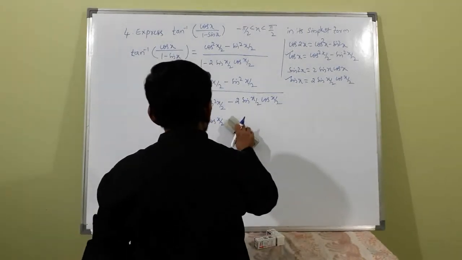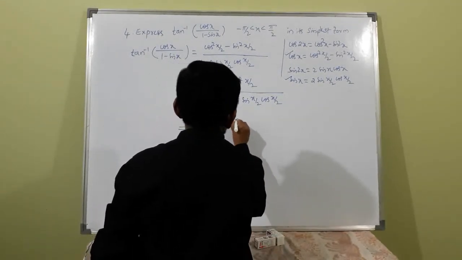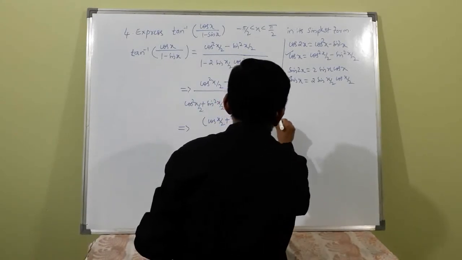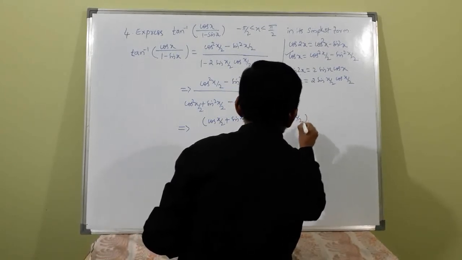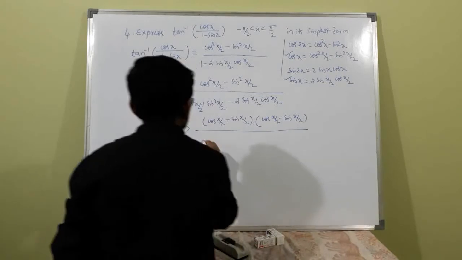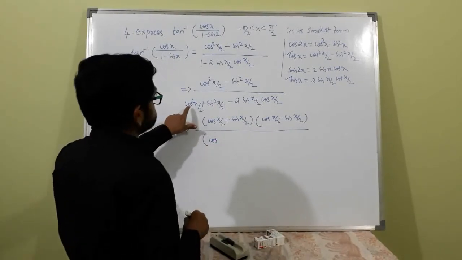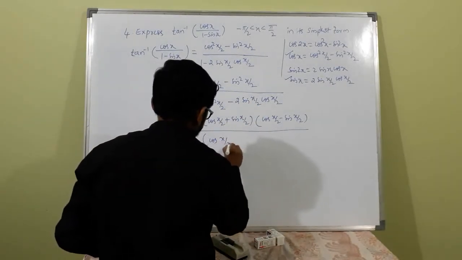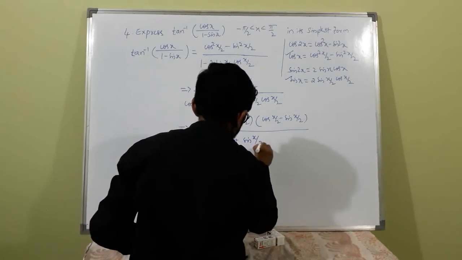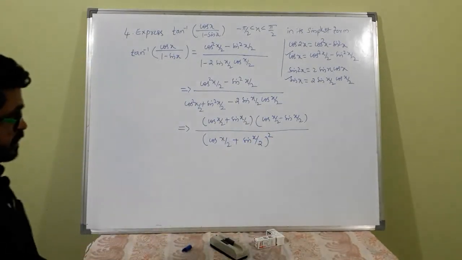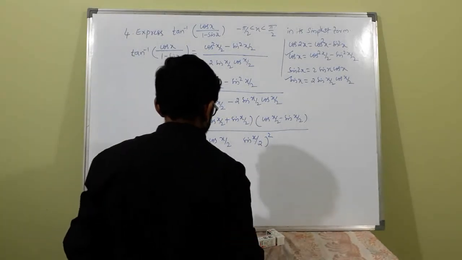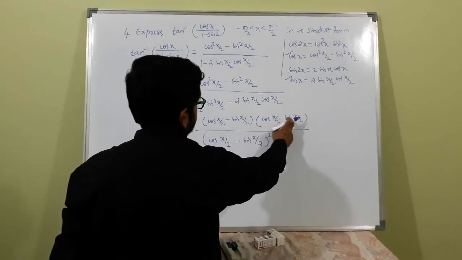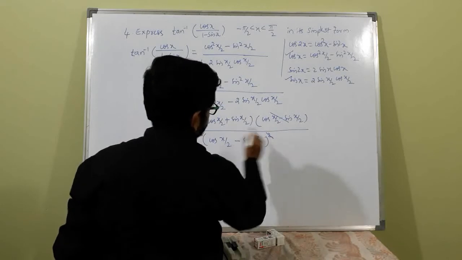Cos x by 2 plus sin x by 2, cos x by 2 minus sin x by 2, whole divided by cos squared x by 2 plus sin squared x by 2 minus 2ab, that is cos x by 2 minus sin x by 2 whole square. Okay, so cos x by 2 minus sin x by 2 cancels with one factor.